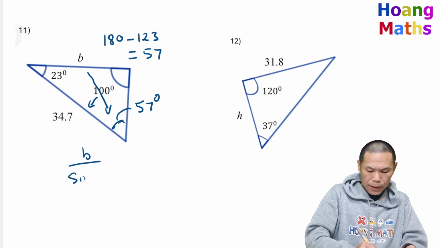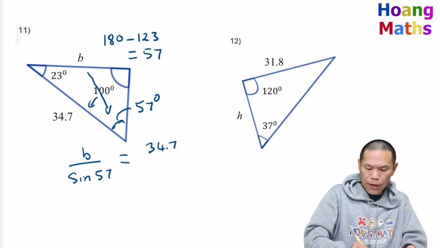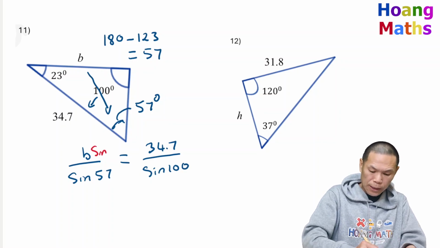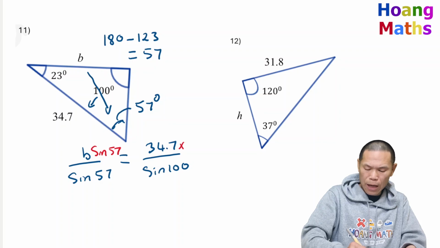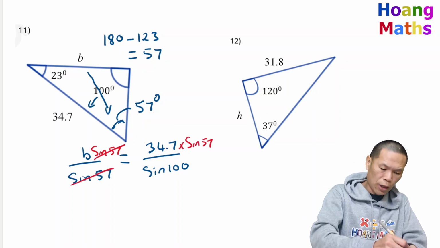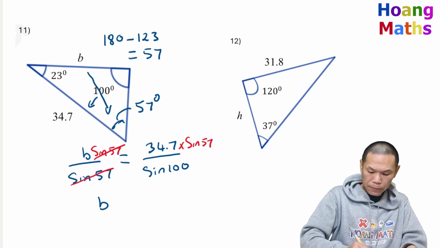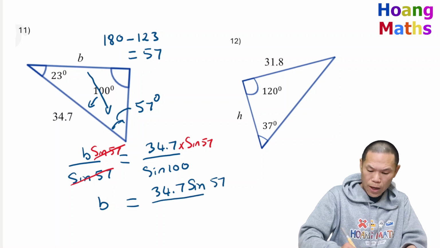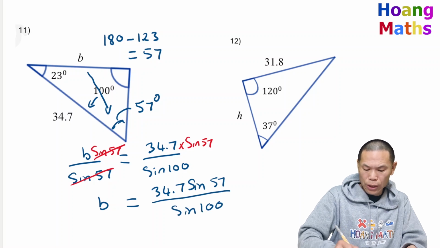So now we're going to go B over sine of 57 degrees is equal to 34.7 over sine of 100 degrees. So we times sine of 57. So this cancels out. So therefore, B is 34.7 sine of 57 over sine of 100.